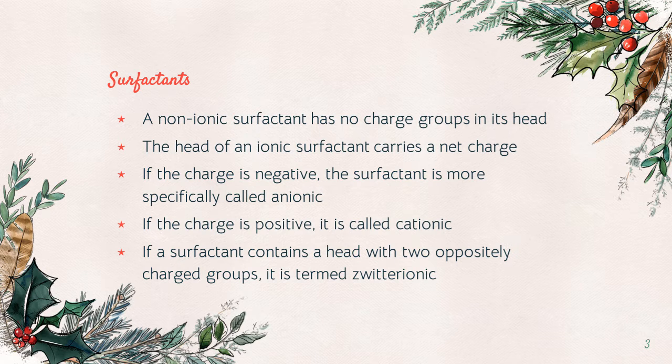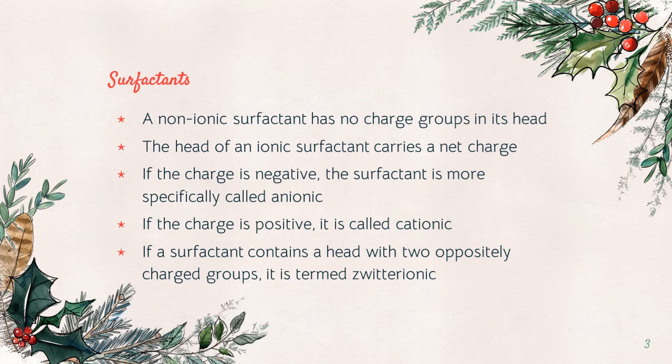Before going deep into that, a single line introduction about the types. Non-ionic surfactants don't have any charged group in the head. The head part does not have any charge. The head of an ionic surfactant carries a net charge. If the net charge is negative, then it is called anionic.